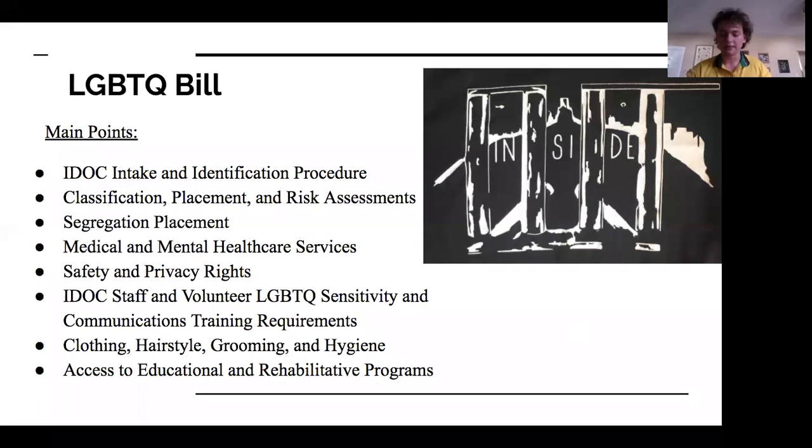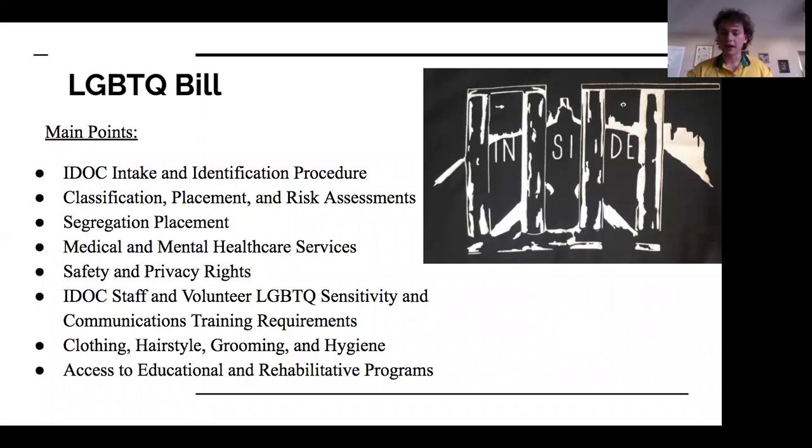And so we had been developing the bill with people from our group and other people at Stateville and DePaul and Chicago since then. And the bill itself essentially extends protections that are already granted to everyone under the Prison Rape Elimination Act to specifically protect LGBTQ incarcerated people.